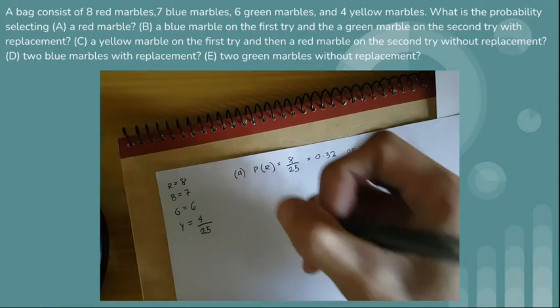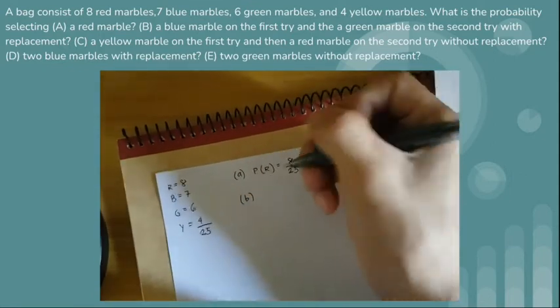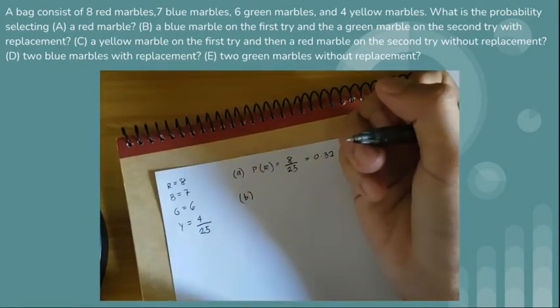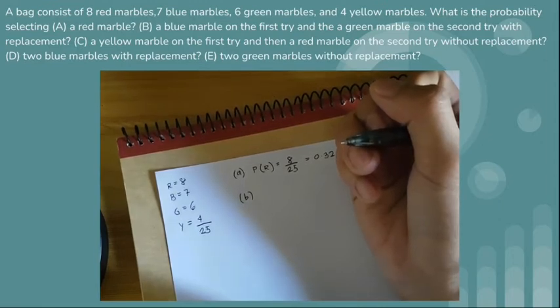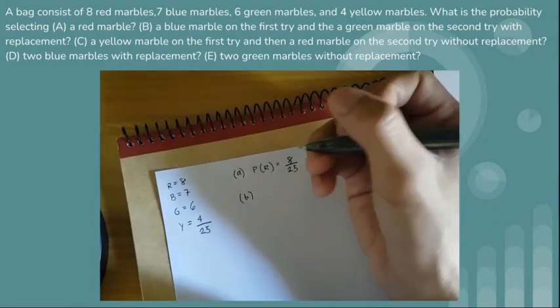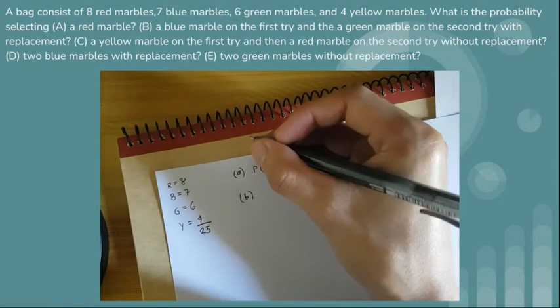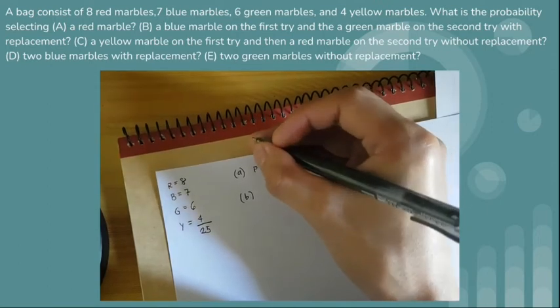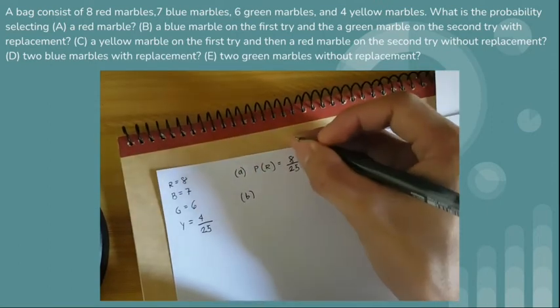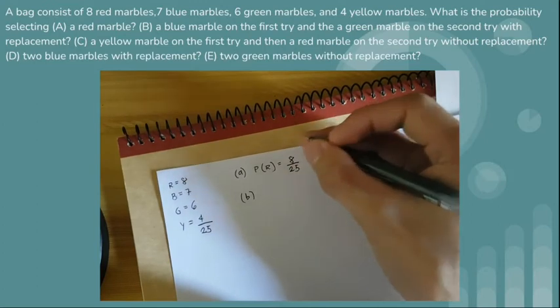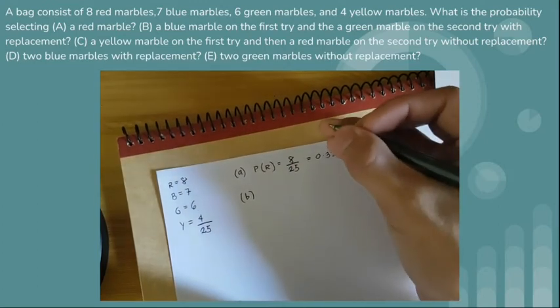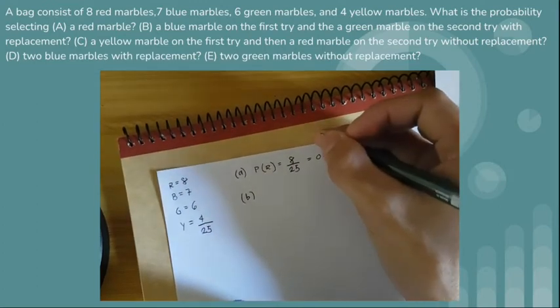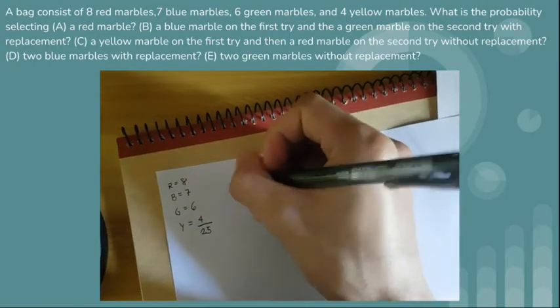So, next question. What is the probability of selecting a blue marble on the first try and a green marble on the second try with replacement? Ibig sabihin, pagka bunot natin ng blue marble sa first try, then ibabalik natin siya para bumunot ng green marble dun sa second try. Ibig sabihin, independent event siya.